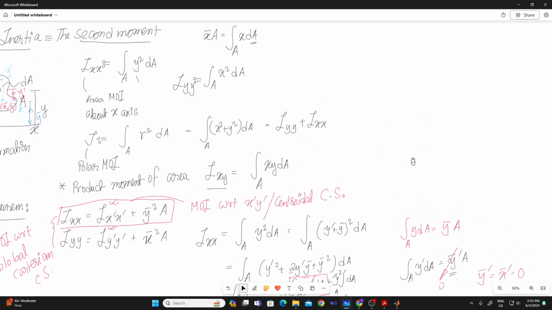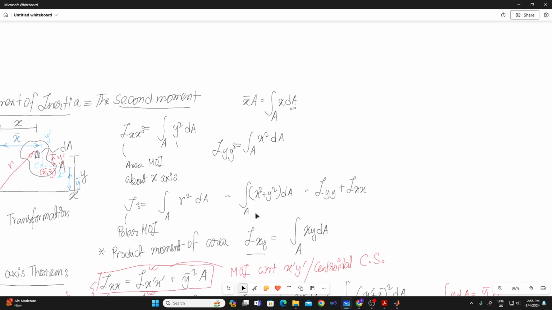Also I want to point out some of the other things, that these two quantities are always greater than or equal to 0. And even this quantity, these are always greater than 0, because what you are integrating is always greater than 0. So the area moment of inertia of a semicircle is actually twice the area moment of inertia of a quarter circle.